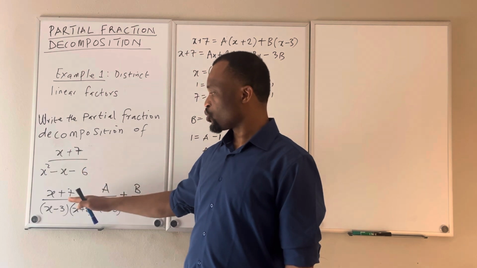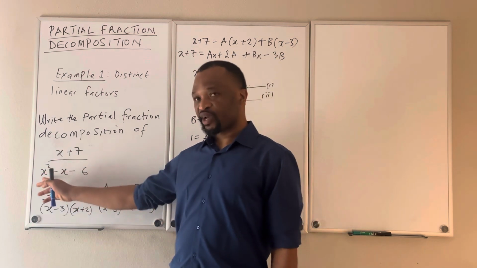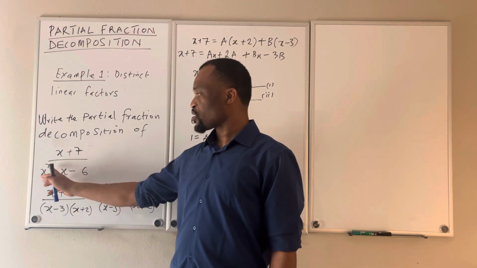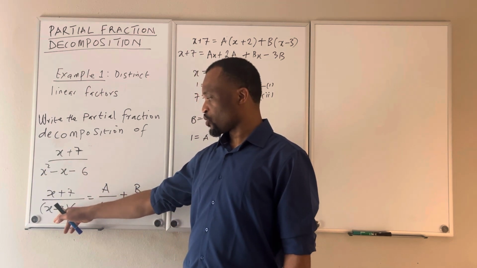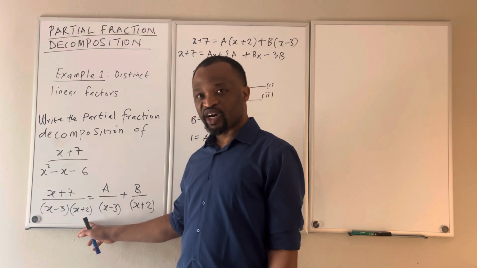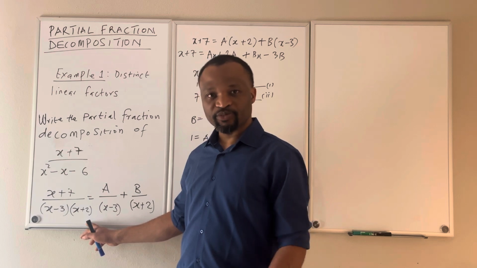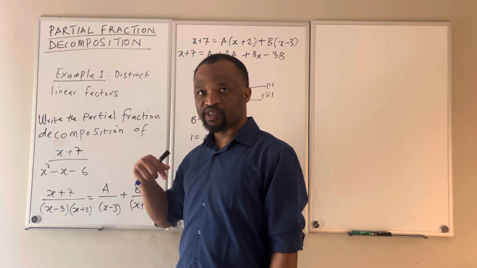The next step will be to factorize this. When we factorize x squared minus x minus 6, we'll have the expression x minus 3 and x plus 2. If you have a problem with trying to factorize, do well to check out previous videos in this series.